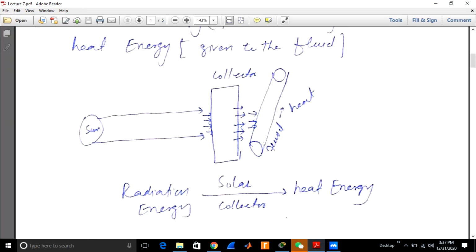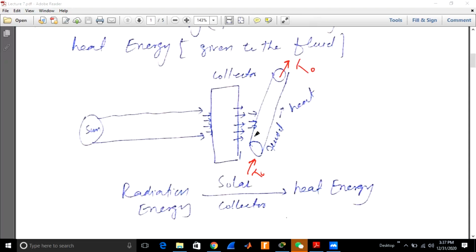Suppose this is the sun and this is the solar collector, and this is the riser tube in which the fluid is flowing. The fluid enters on this side and leaves the riser tube from this side. The temperature at the inlet will be Ti, and the temperature at the outlet will be T out.